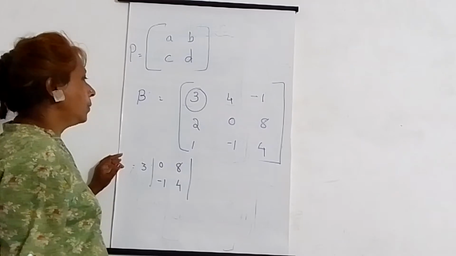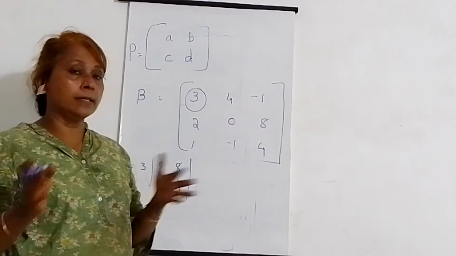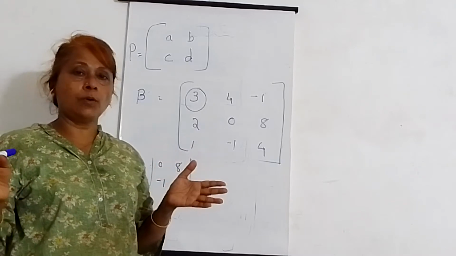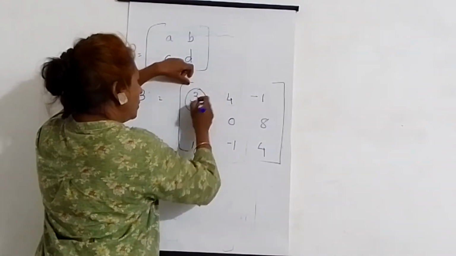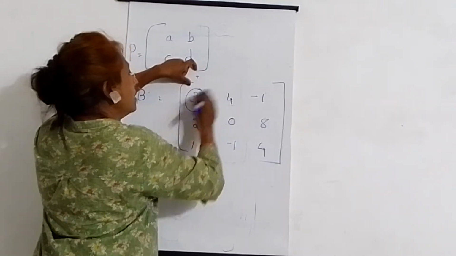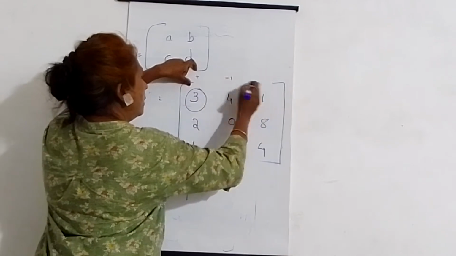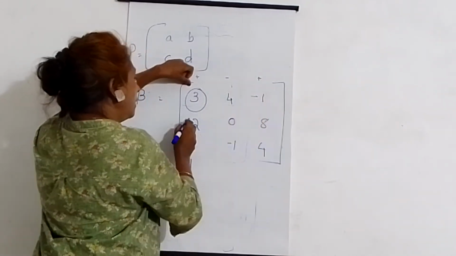Next, the cofactors. The sign of each element is what makes it the cofactor. For 3, we have to put the signs also. The first one is considered positive, the second negative, and the third positive.